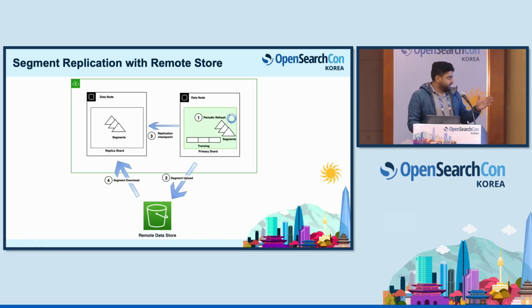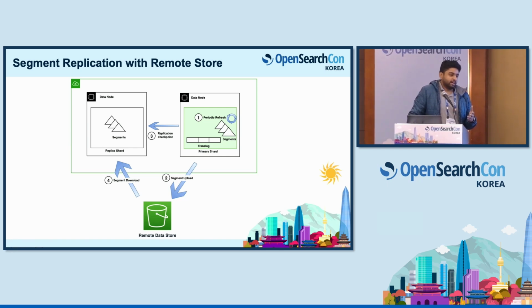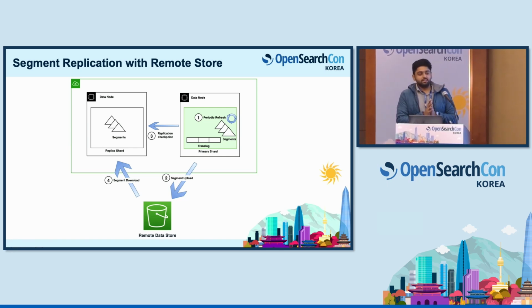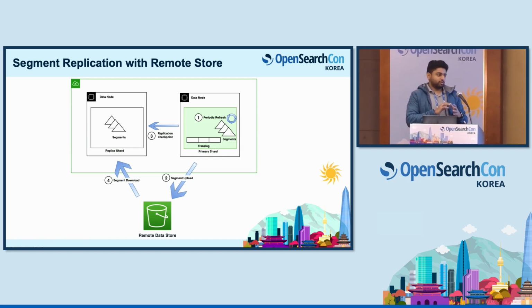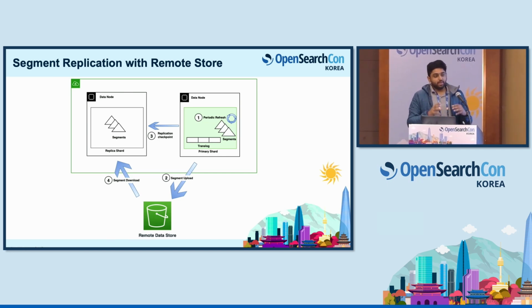Now, we introduced segment replication in OpenSearch some time back, and segment replication basically says that I will not pay for all that extra compute. I will only index the document once on the primary, and my replicas can get the segments from the primary.